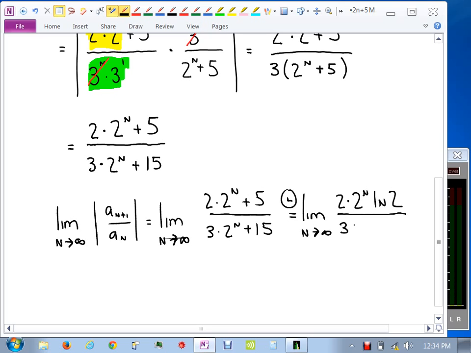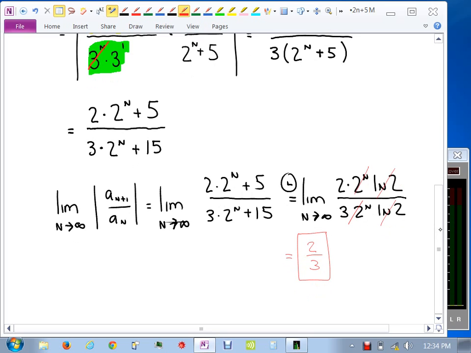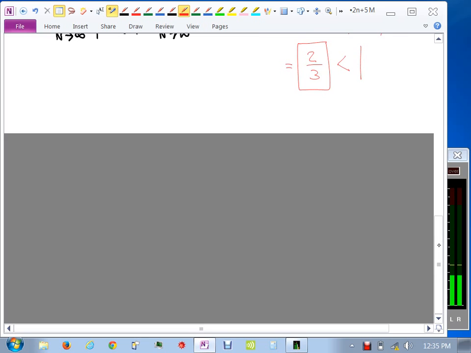3, which is 2/3. What does that tell you? Less than 1. According to, oh, I'm out of room.